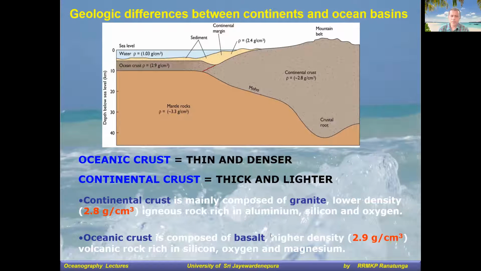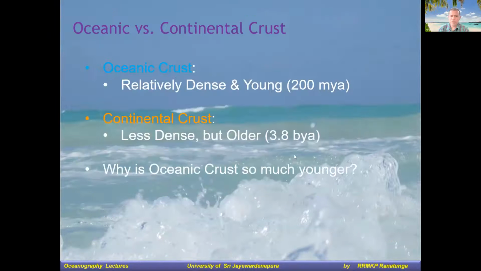Anyway, it's basalt, and it's denser. Basalt is denser than granite. So that is oceanic versus continental crust.